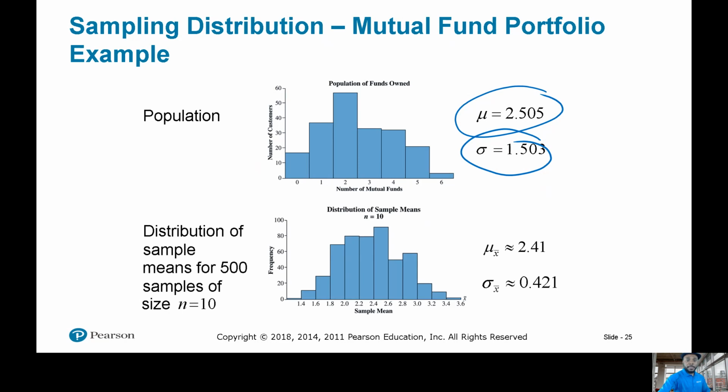What we can see is that this distribution is approximately normal, and that the mean of the sampling distribution is a good estimate of the population mean. Of course, as n increases, say if n gets to 30, this will be much closer to this than what we have right here. When the population distribution is skewed, like this right-skewed one, we might want to increase n to a value more than 30.